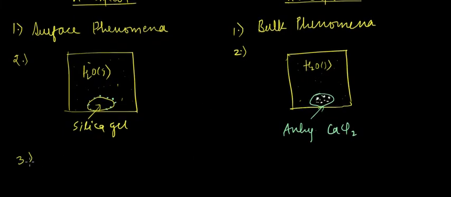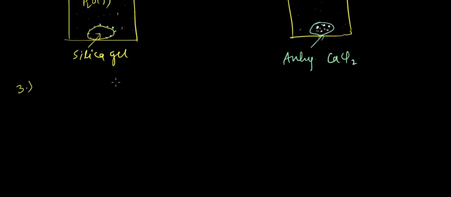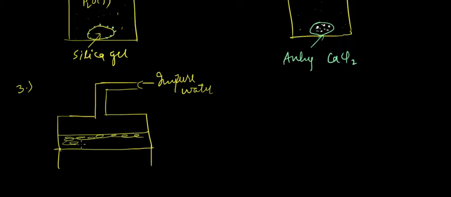Next, let's say we have another apparatus in which we are passing impure water and we have activated carbon inside this vessel. These are activated carbon.